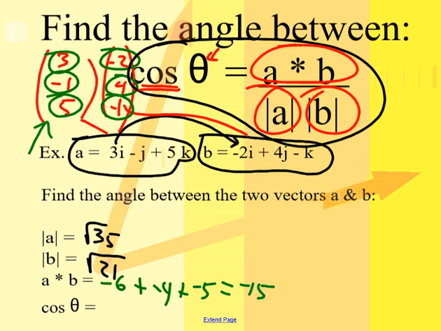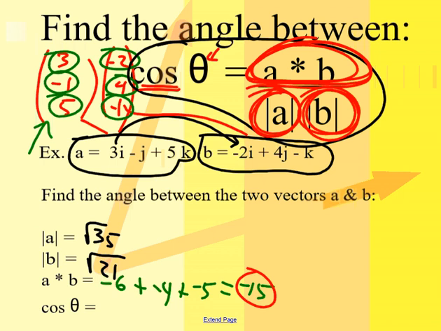Inverse cosine, and that'll tell you your angle. Go ahead, put all those things in. The dot product was negative 15. The magnitudes get multiplied. Divide, and you get a decimal. I'm going to pause for a second while you give that a try. Again, you do inverse cosine and you have the angle between the two vectors.